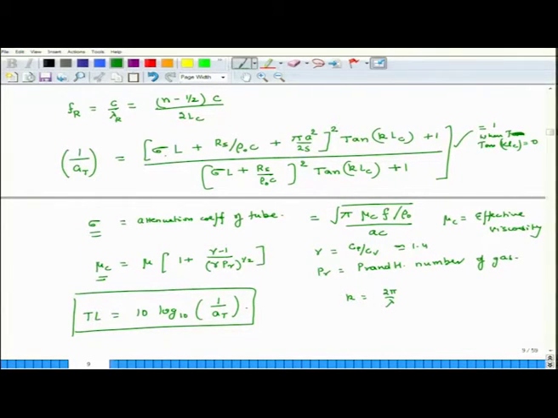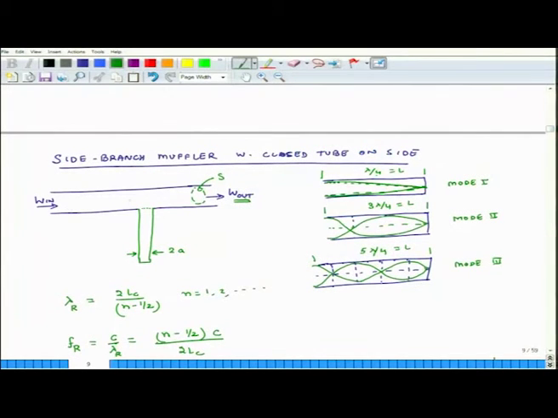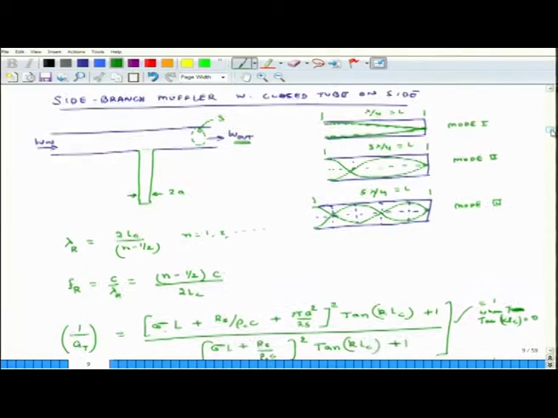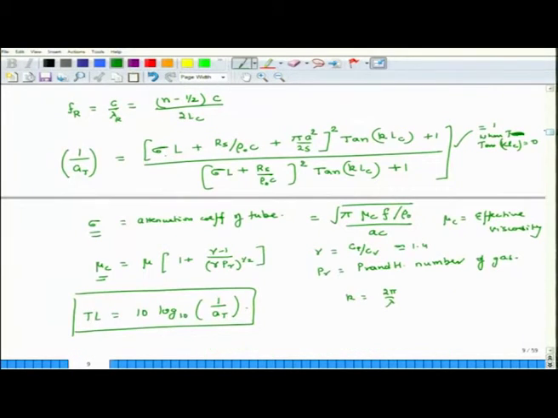When tan KLC equals 0, then this will be 1. And what does that mean? That 1 over AT equals 1, which means the ratio of W in over W out is 1, which means no sound is getting absorbed. So, for certain lengths of this tube at particular frequency, this side branch muffler will not absorb any sound, but for some other frequencies it will do a very good job in terms of absorbing sounds.